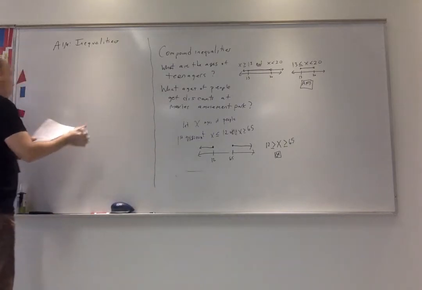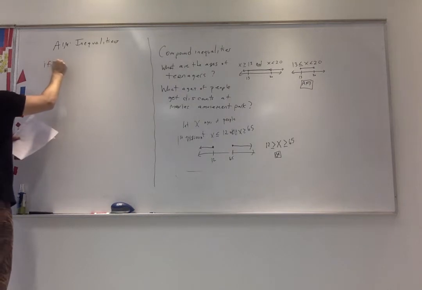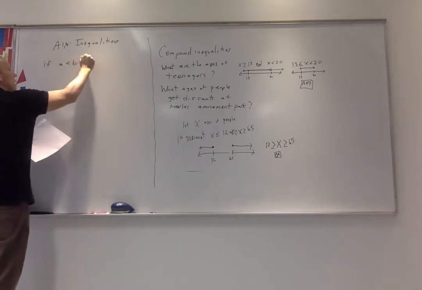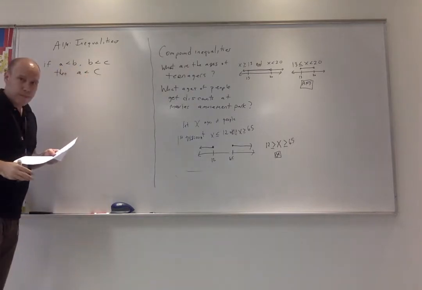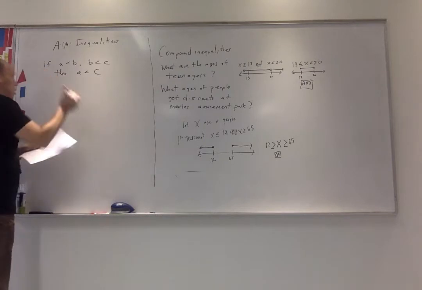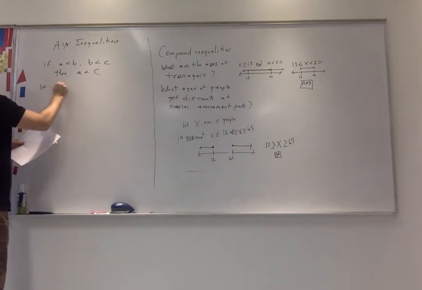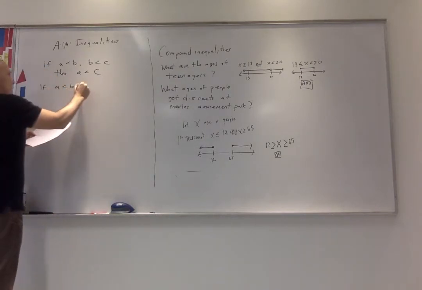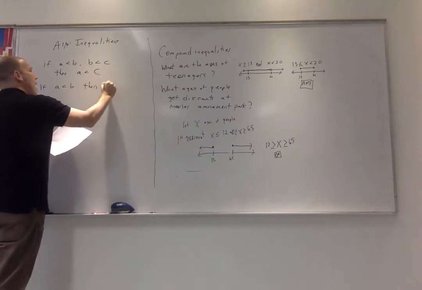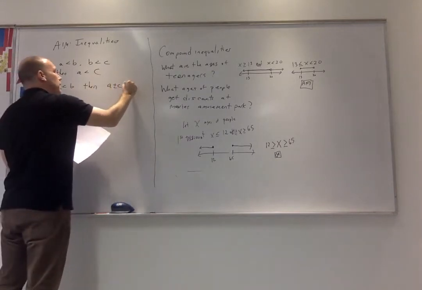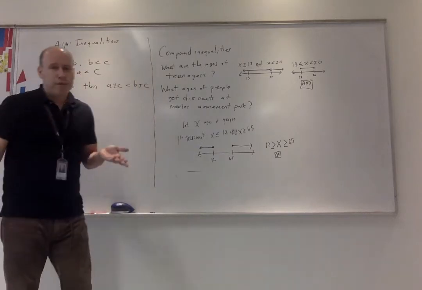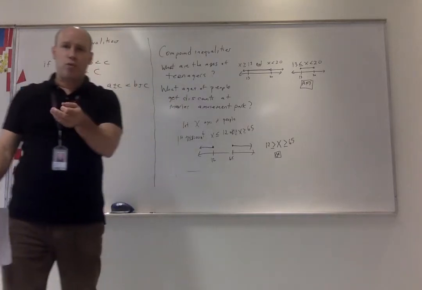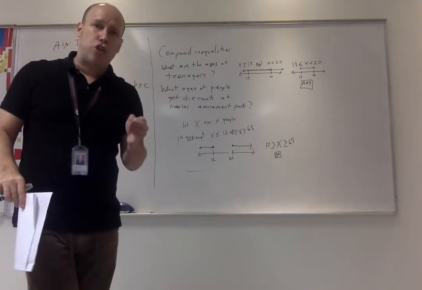So, first of all, if A is less than B, and B is less than C, then we can conclude that A is less than C. Also, if A is less than B, then A plus or minus C is less than B plus or minus C. So you've learned in previous algebra classes that you can add or subtract, and it maintains the relationship.